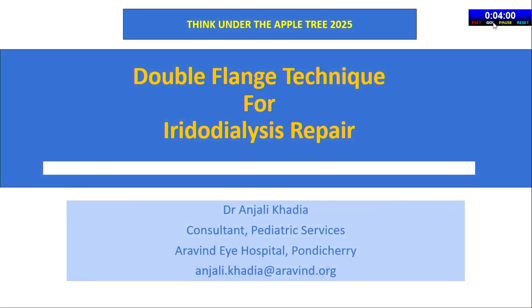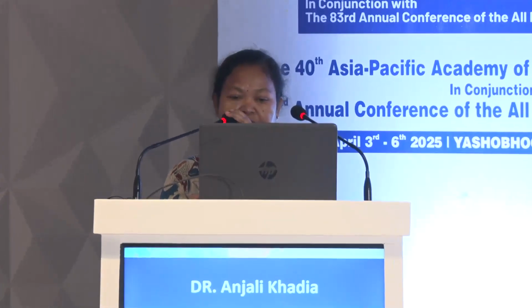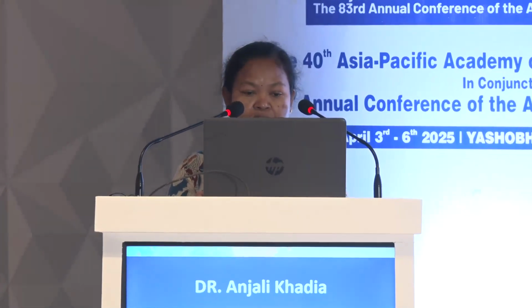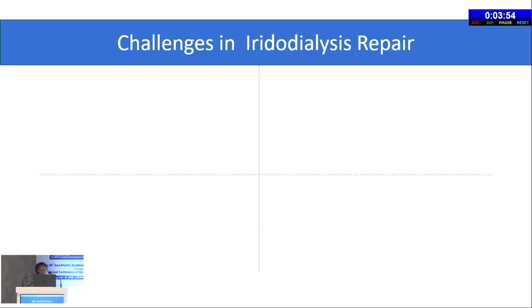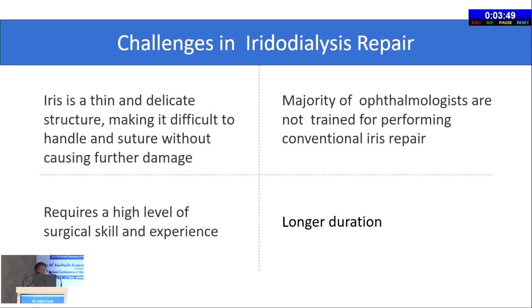Good morning, everyone. My presentation is on the double flange technique for iridodialysis repair. I have no financial interest in this presentation. The challenges in iridodialysis repair: it requires a high level of surgical experience and skill, and the majority of our ophthalmologists are not trained in performing conventional iris repair because the iris is very thin and delicate and it takes longer.